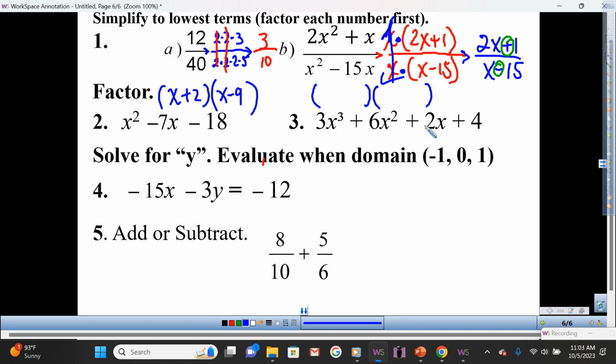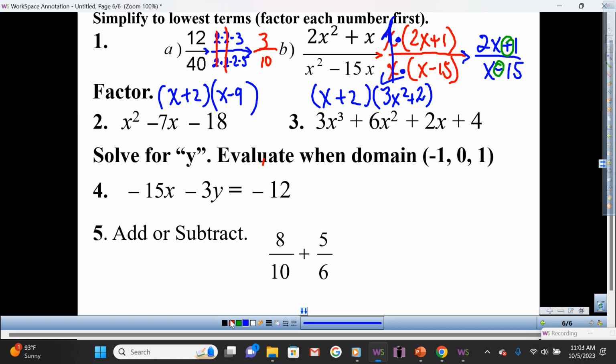Laura, let's see what you get. 3x squared plus 2. Hands if you got that. That is correct. All right.